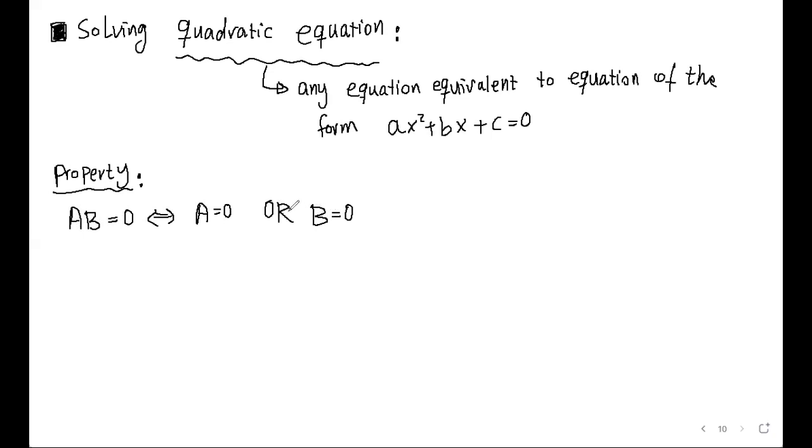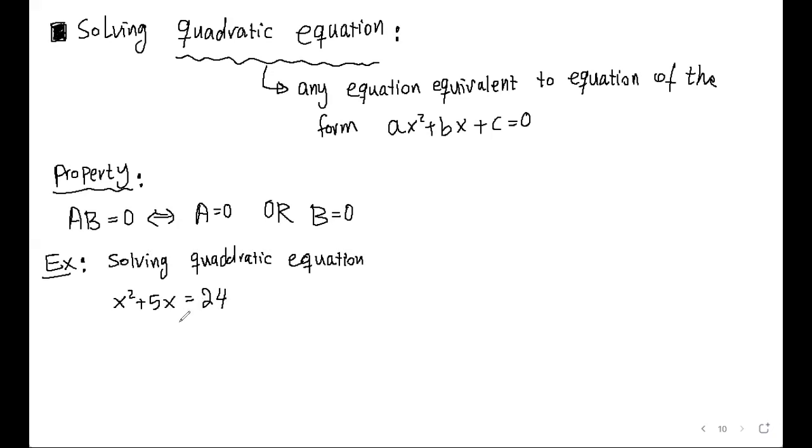So how can we now solve a quadratic equation? By an example, I will explain how to solve a quadratic equation. x squared plus 5x equals 24.